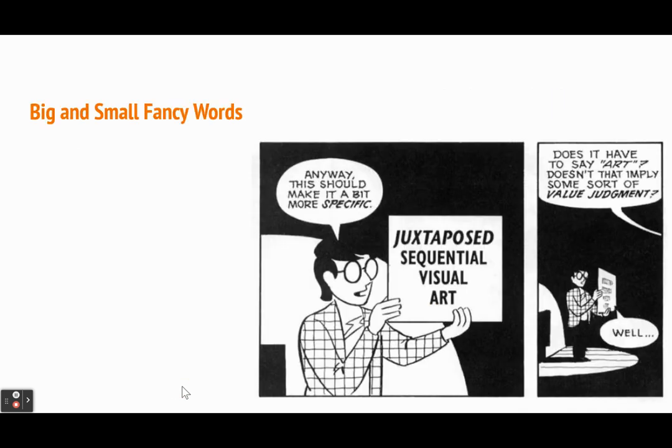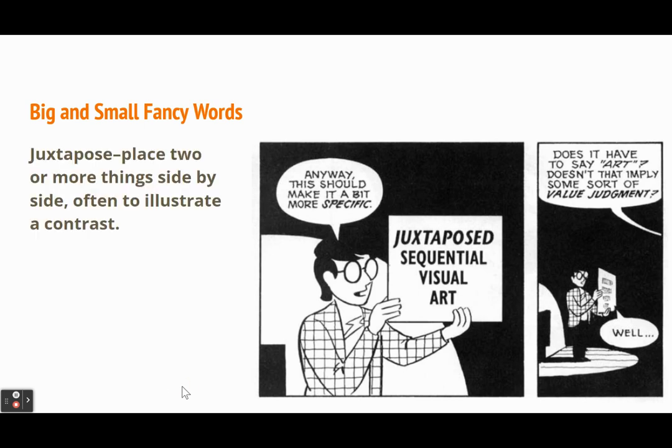McCloud then goes on to use a big word, juxtaposition or juxtaposed. And he talks about this idea of juxtaposed sequential visual art. Juxtapose is to place two or more things side by side, often to illustrate a contrast.